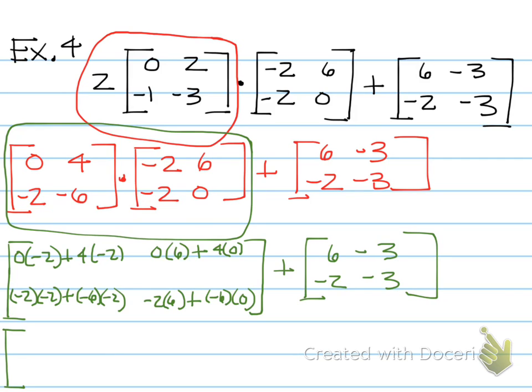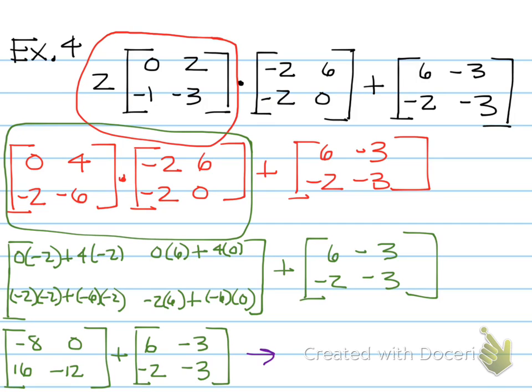Simplify those expressions, and we should get -8. 0 times -2 is 0, 4 times -2 is -8, and 0. -2 times -2 is 4, -6 times -2 is 12, 4 plus 12 is 16, and then -2 times 6 is -12, -6 times 0 is 0.